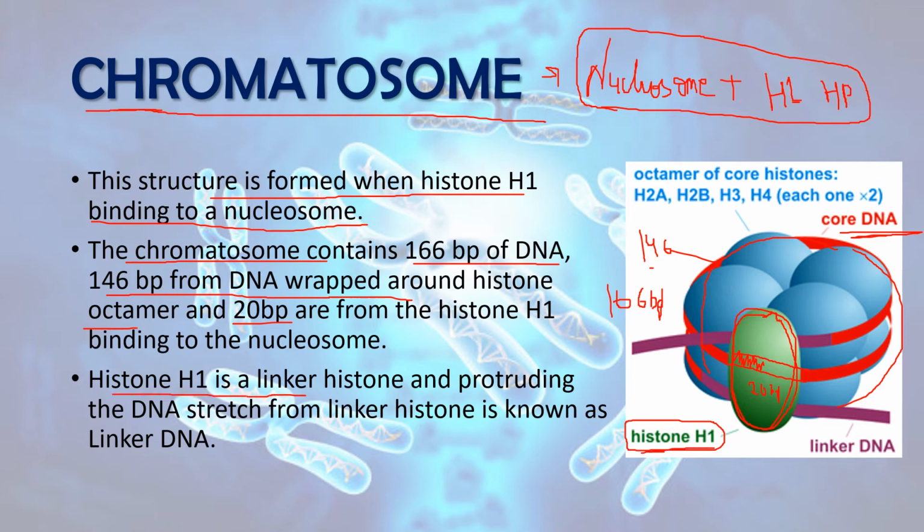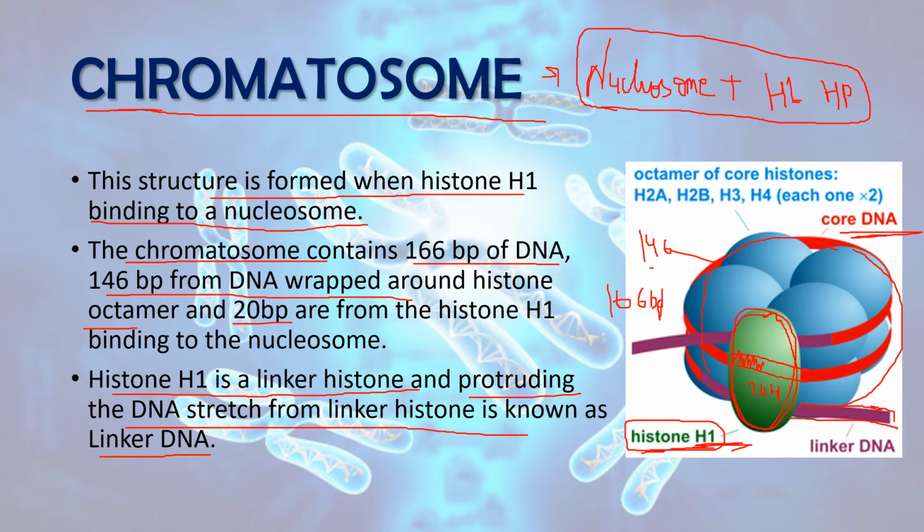Histone H1 is a linker histone, and the DNA stretch protruding from the linker histone is known as the linker DNA. So the stretch that is arising from this H1 histone protein is our linker DNA.